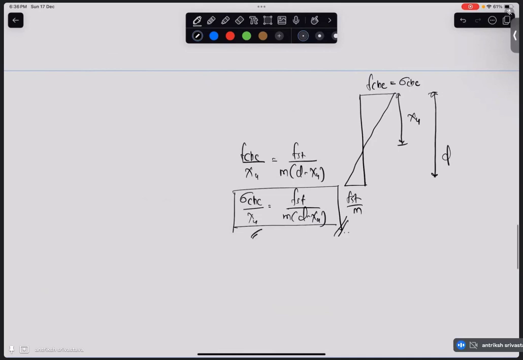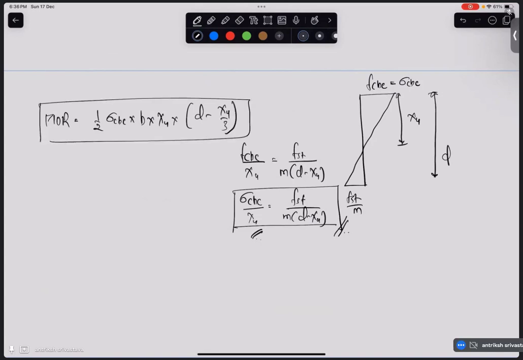Now, how do we get this XU? You get this XU by equating your moment of resistance that you will get from the concrete side. So you will have something like this: 1 by 2 into sigma CBC into D into XU into D minus XU by 3. So using this 300 or something, let's say 400 if it was, you get this XU.